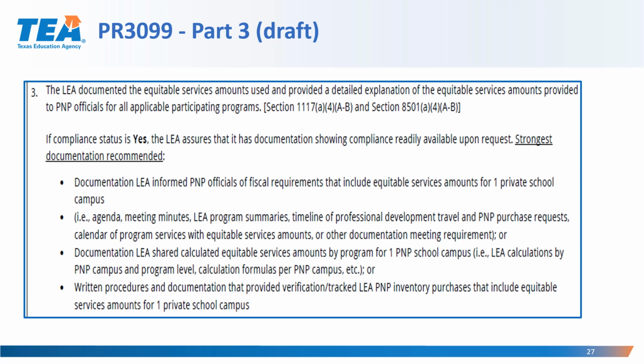And we have listed some of the strongest documentation that is recommended, such as documentation that the LEA informed PNP officials of fiscal requirements that include the equitable services amounts for at least one private school campus, documentation that the LEA shared calculated equitable services amounts by program for at least one PNP school campus, or some of the other strongest documentation recommended that you see listed.